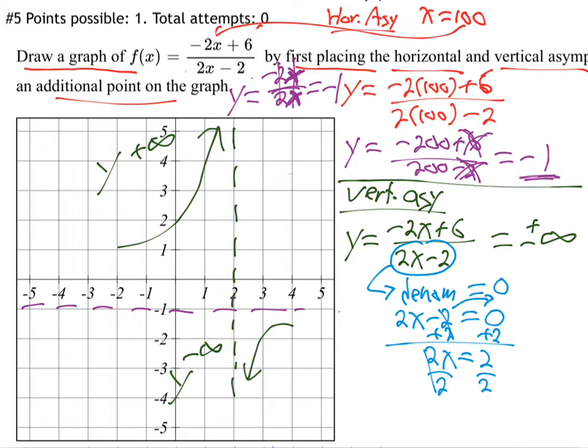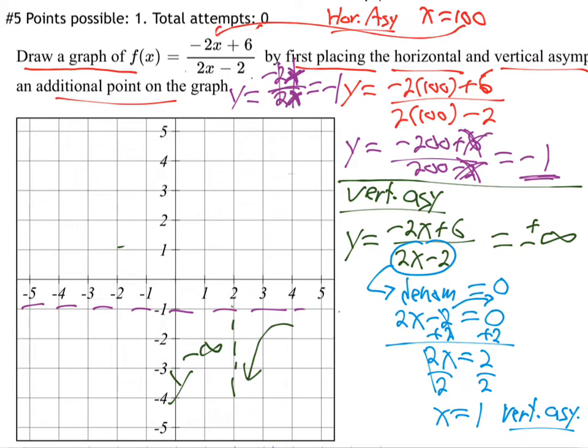And what's the answer? What makes it go to infinity is x equals 1. So x equals 1 is where we have a vertical asymptote. So that means, let's go put that on there, that x is positive 1.